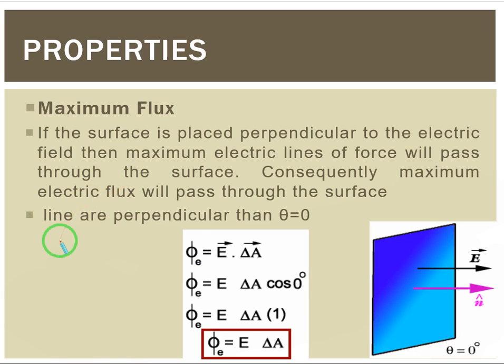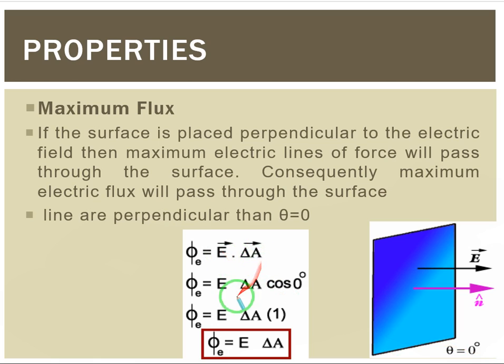So now coming to the properties of electric flux, we have a maximum flux, a minimum flux, and a zero flux. Okay, so for a maximum flux, the direction of area and the direction of electric field line will always be in the same direction. When both are in the same direction, what should be the angle between them? The angle will be 0.